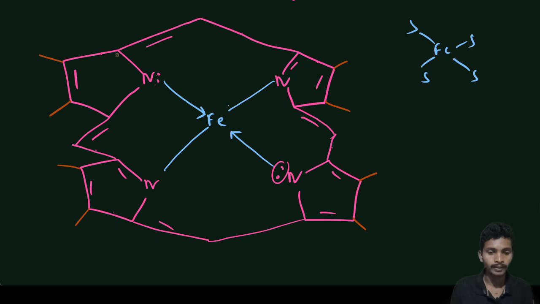Okay, and here if I draw CH3, and here R1, the structure looks somehow like this.